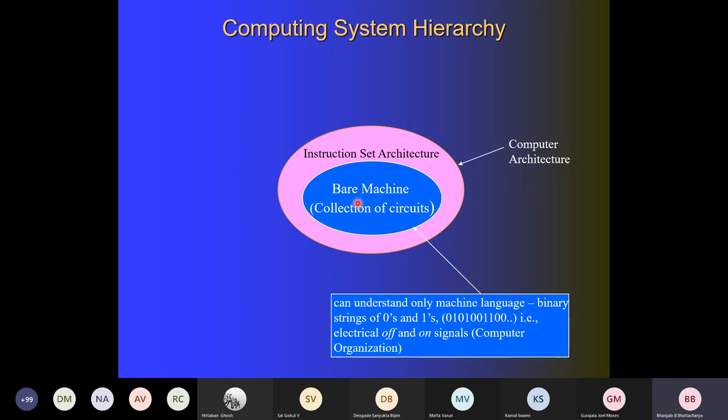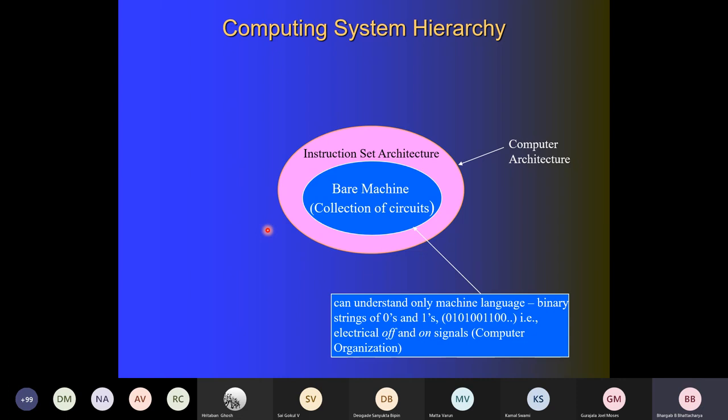We are going to represent the behavior of the machine in terms of the power of the instruction set it possesses. All right, so I design a machine and I say that these are the instruction sets which will be supported by this machine. The attributes of the instruction set, or the collection of the assembly language instruction set, globally define what is called the instruction set architecture.